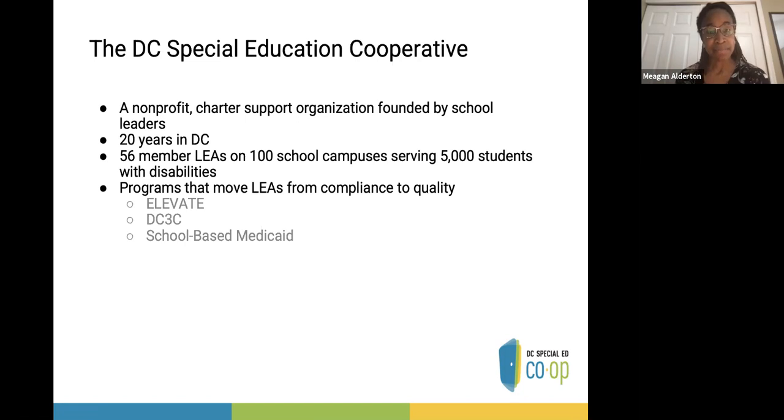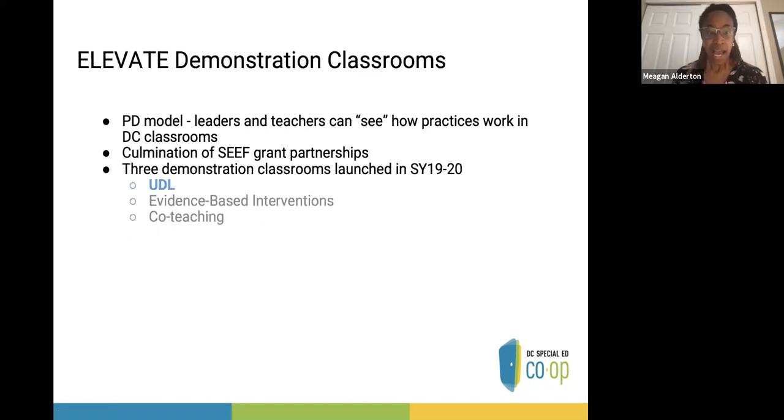And then we have school-based Medicaid, which is run by Monica Lesperance, and that allows our member schools to learn and participate in our school-based Medicaid billing so that schools can receive adequate funding to continue to serve our kids with disabilities. Those are our three programs, and our demonstration program runs through our Elevate bucket of work.